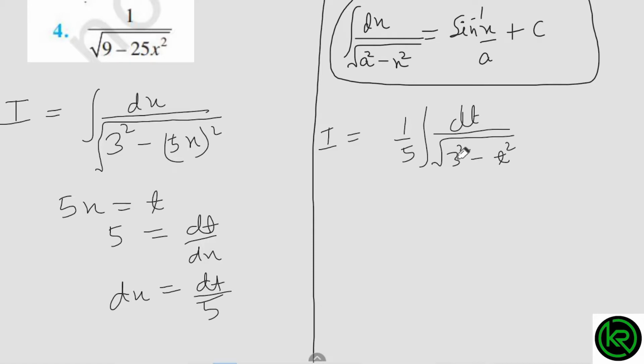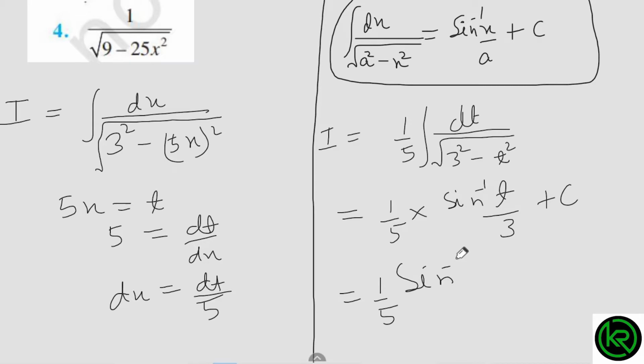So a is 3 here, so we will apply the formula. A is 3, so the answer will be sin inverse t upon 3 plus c, and what is the t value, students? The t value we had taken was 5x, so sin inverse 5x upon 3 plus c. This is our final answer.